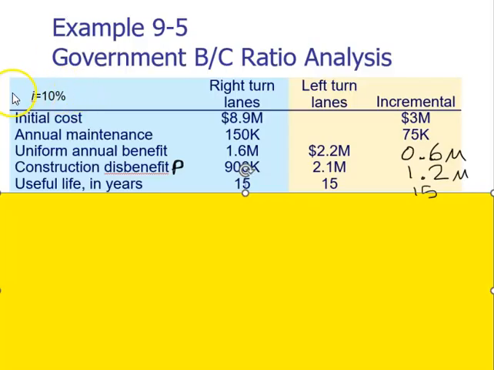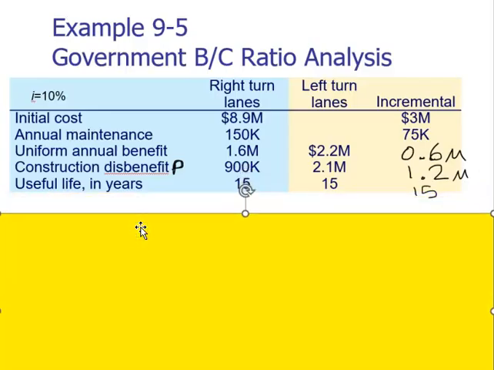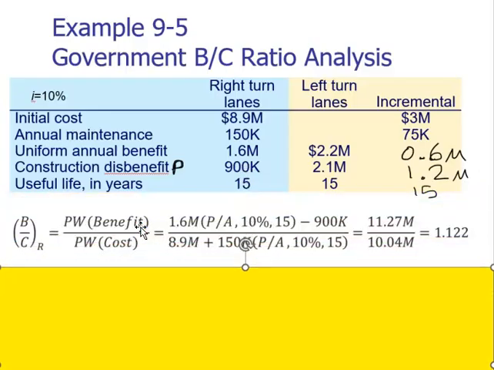First we start with right turn lanes because it is the cheaper option that we have. And here we have the BC ratio for right turn: present worth of the benefits over the present worth of costs. We go for the absolute values.